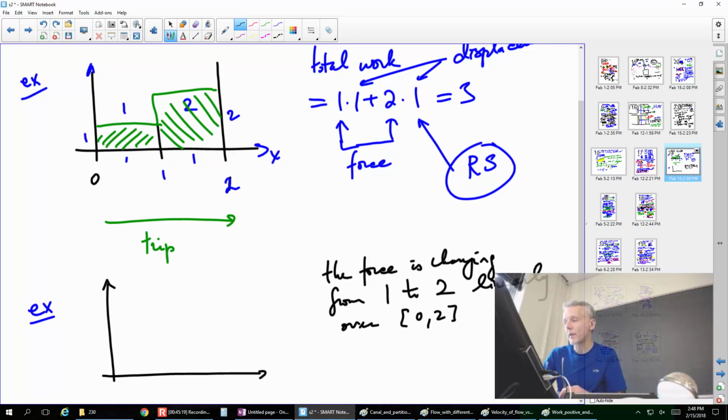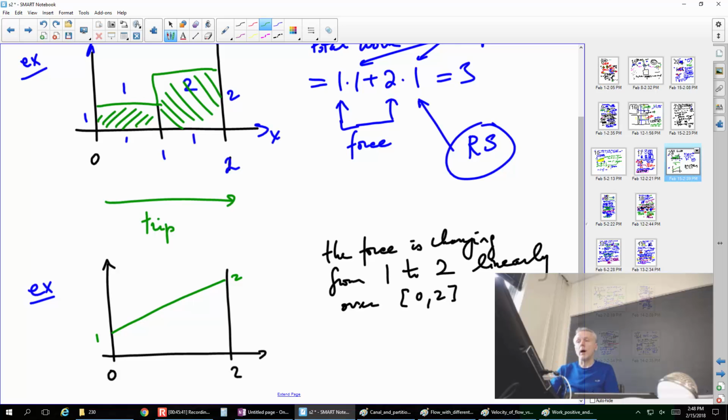Okay, so something that we had just a minute ago. So the graph then looks like this, from 1 to 2, a straight line. This is 1, this is 2. Okay, and then where is our work? This is more complex, at least the way I see it.